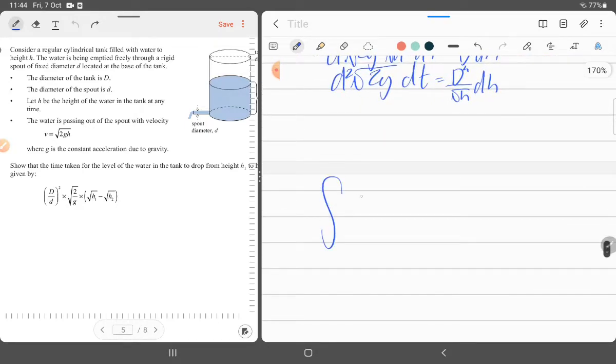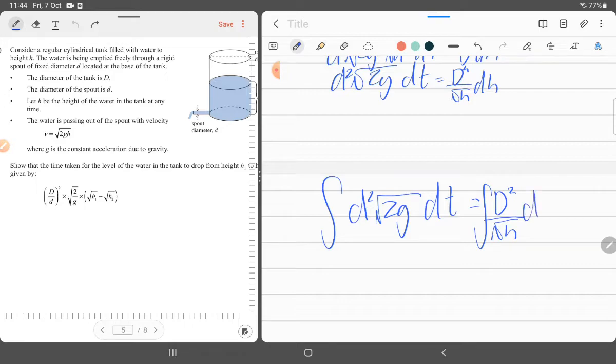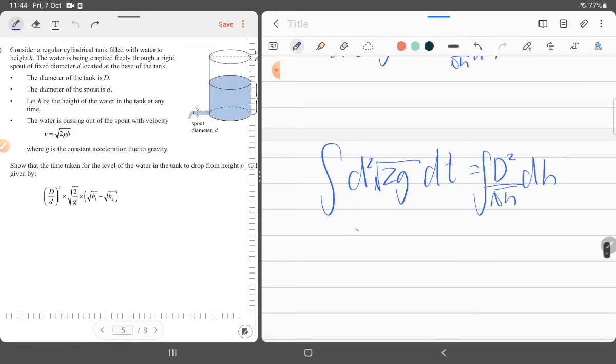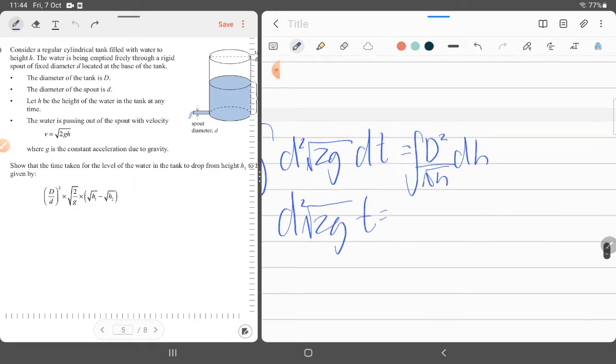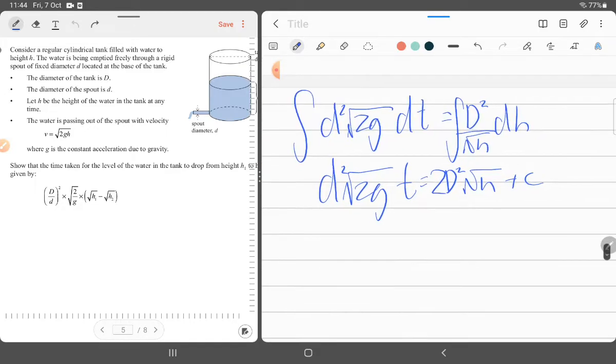So the integral of D squared square root of 2G dt is equal to D squared times the integral of that dH. We're just integrating this in relation to t. This feels very awkward. 2D squared square root of H plus C.